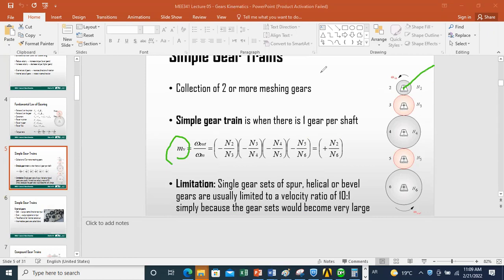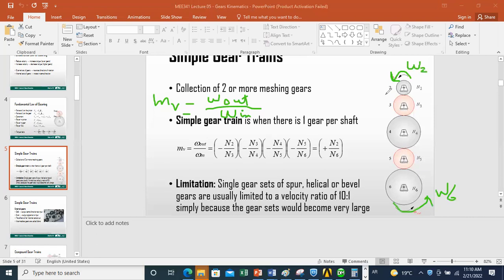So first, let us consider in this example, what is the gear ratio? The gear ratio is defined as omega_out over omega_in. And if we look at our figure, omega_out here is omega of gear 6, and omega_in is supplied at gear number 2.